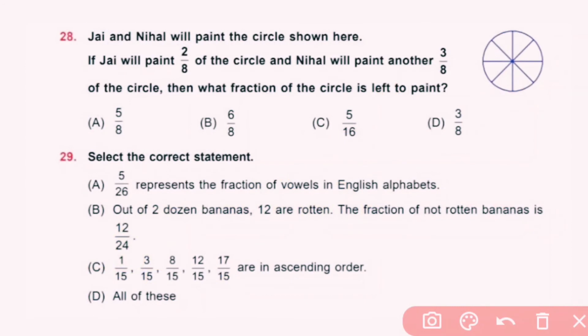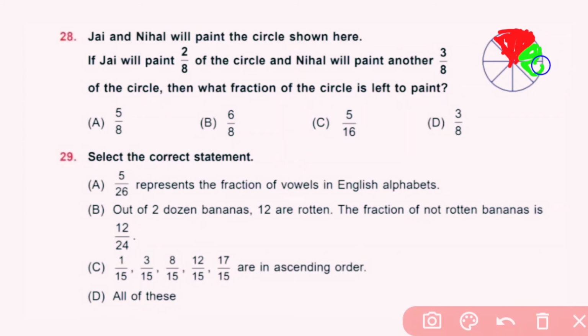Question number 28. Jay and Nihal will paint the circle shown here. If Jay will paint 2/8 of the circle and Nihal will paint another 3/8 of the circle, then what fraction of the circle is left to paint? If Jay painted 2/8 means out of 8 he painted 2 parts, and Nihal painted 3/8 of the circle means out of 8 part he painted 3 parts.